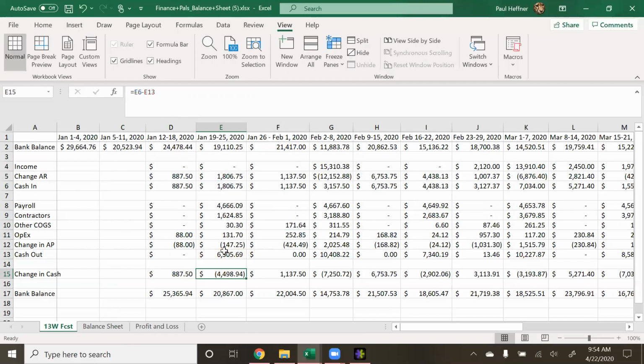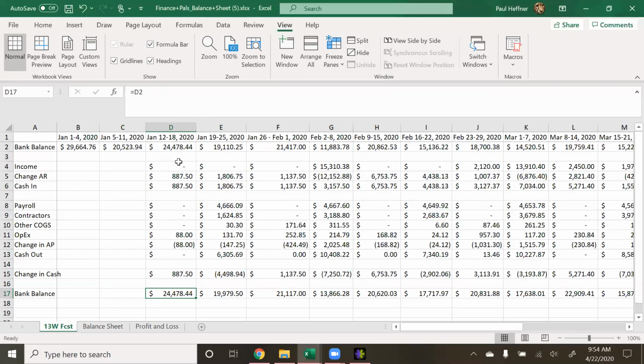So we're minus 5,000. Okay, and actually, so this is actually the ending bank balance on the 18th. We double counted something. So it's good to see some of these mistakes so you can help correct them.